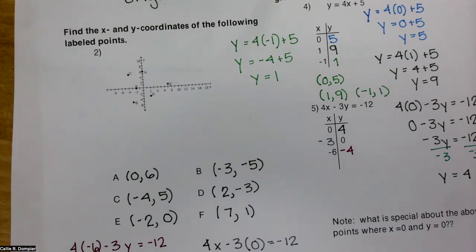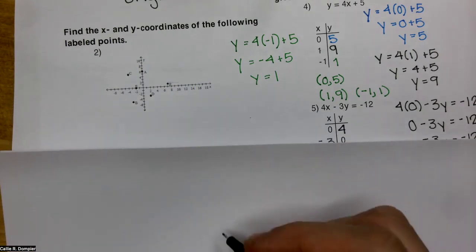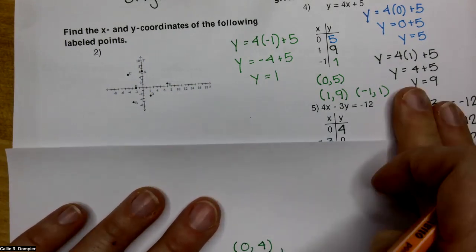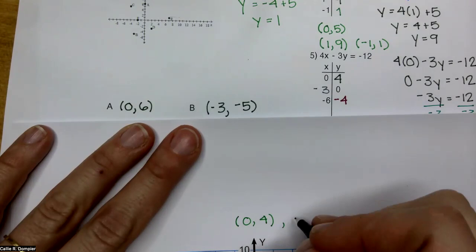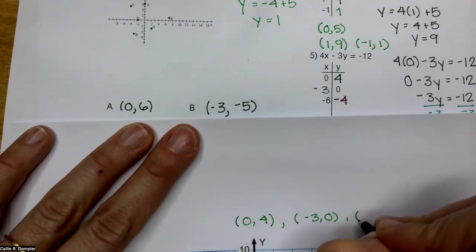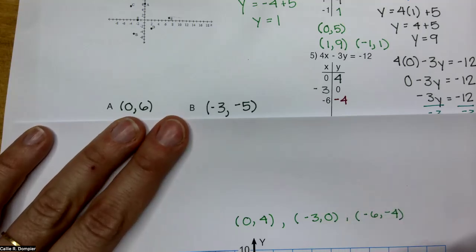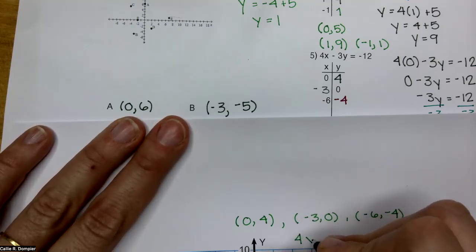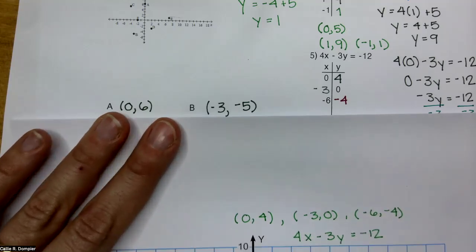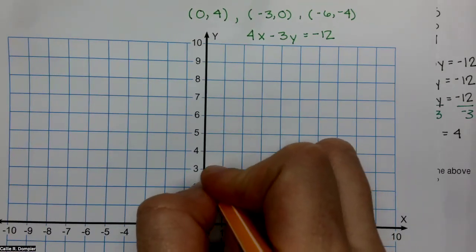And now to graph that, we're just going to graph 3 points. 0, 4. Negative 3, 0. And negative 6, negative 4. And that will be the graph of the equation 4x minus 3y equals negative 12. 0, 4 is right here.